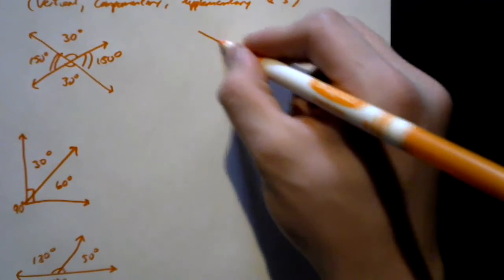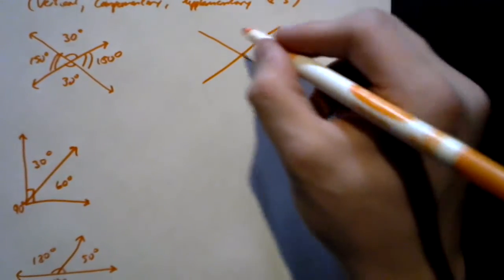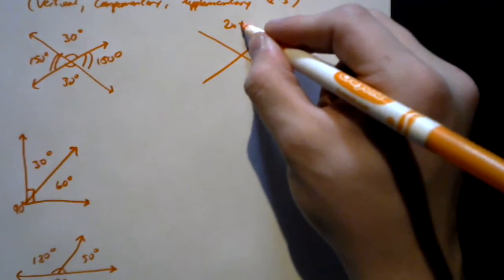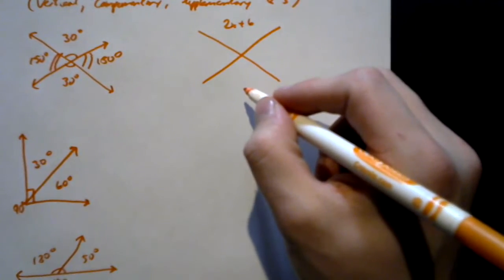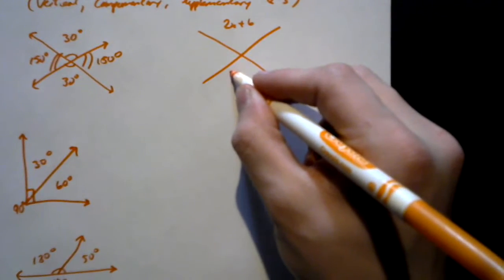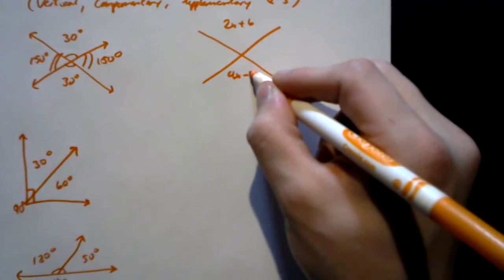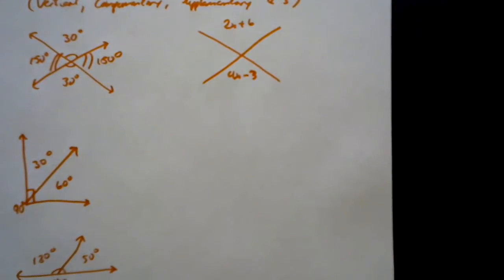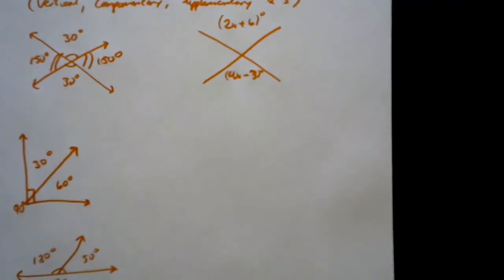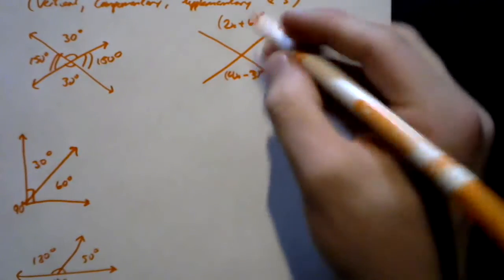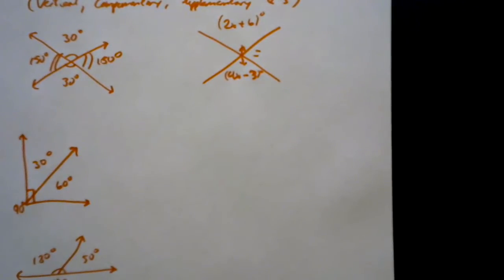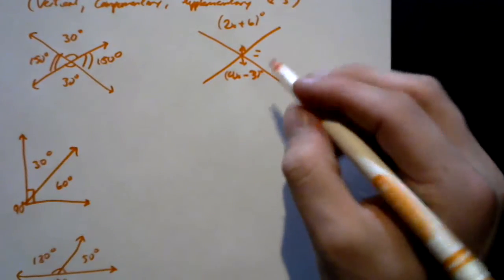For example, let's say we have 2x plus 6 and we have 4x minus 3, which is in degrees, and we have to solve for x to figure out degrees. Since these are across from each other, they are equal. So we can set these two equations equal to each other.